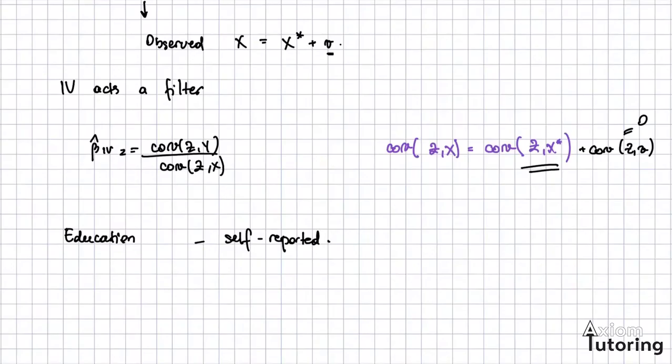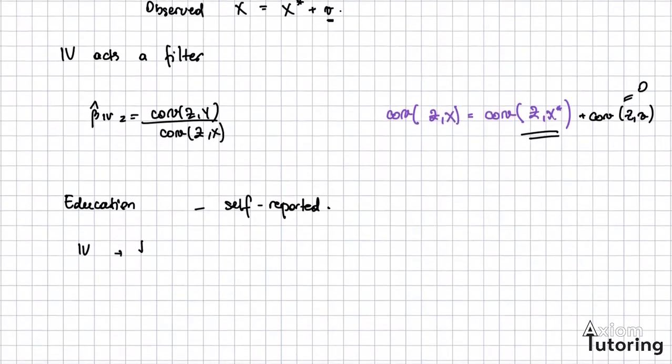If we were to introduce the instrument distance to nearest university, now distance influences true educational attainment, basically how many years someone actually studies, but distance does not determine whether someone accidentally reports 15 years instead of 14. So distance is uncorrelated with the measurement error. So IV, again, isolates the variation in education that distance creates, which is variation in true education, not in the noise.